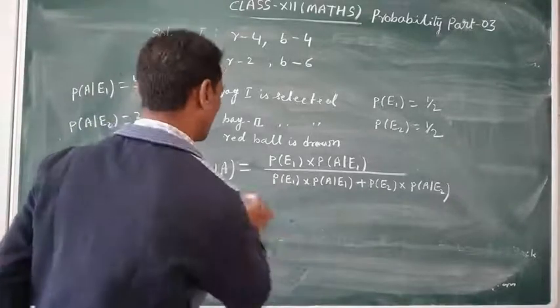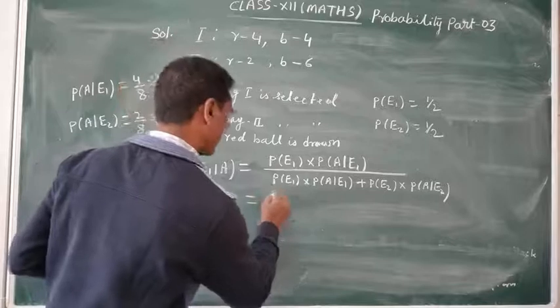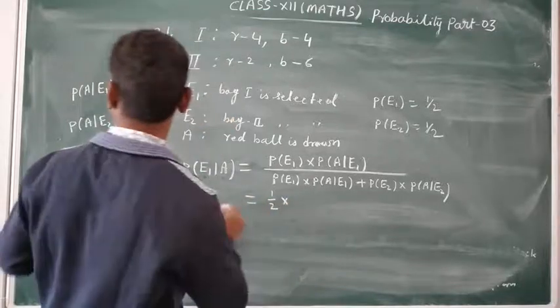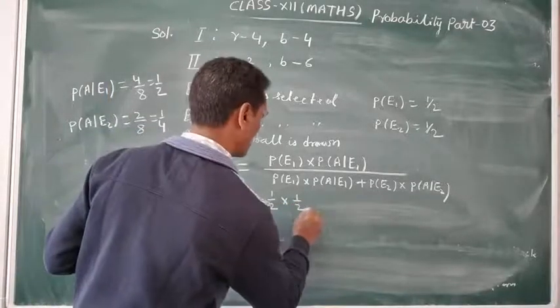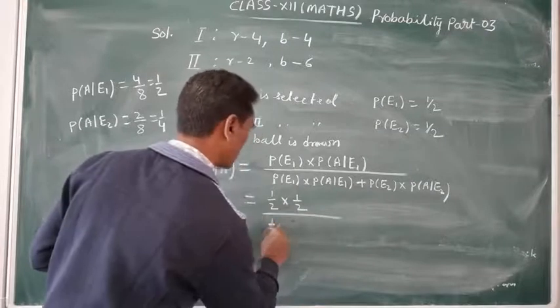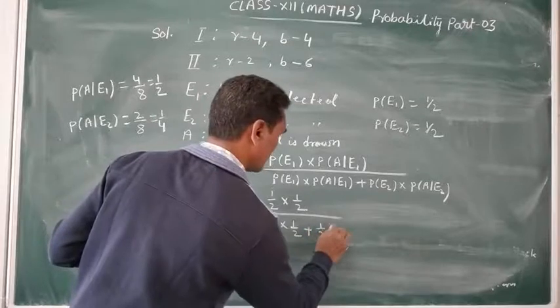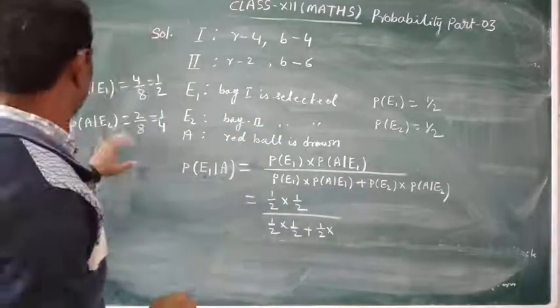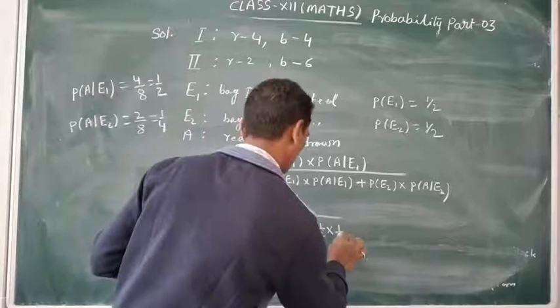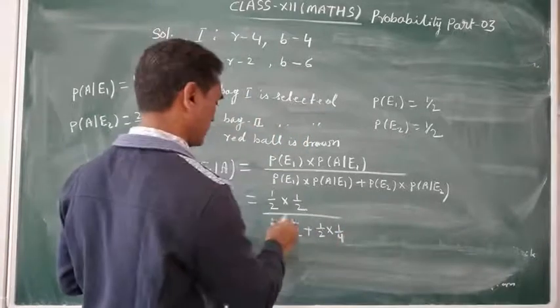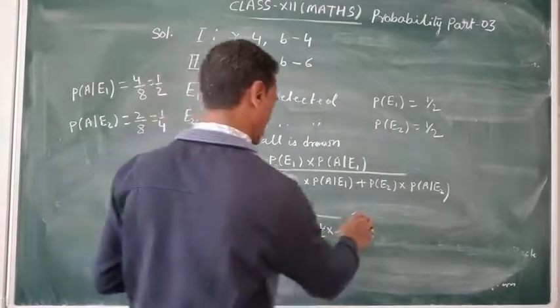So we can put here the probability of E1, 1 by 2, into 1 by 2, divided by 1 by 2 into 1 by 2 plus 1 by 2 into 1 by 4. 1 by 2 is common, so you can cancel it.